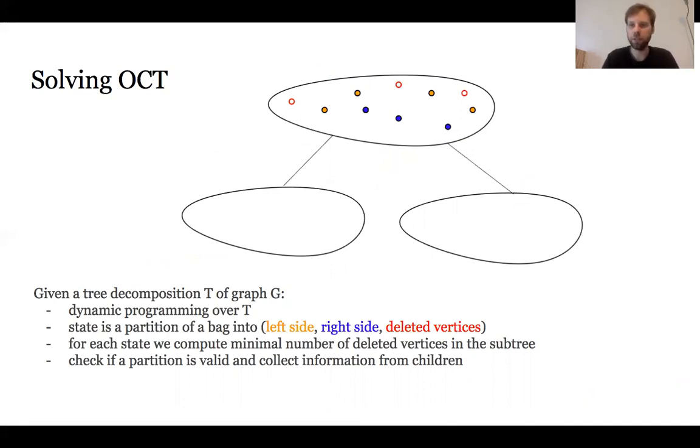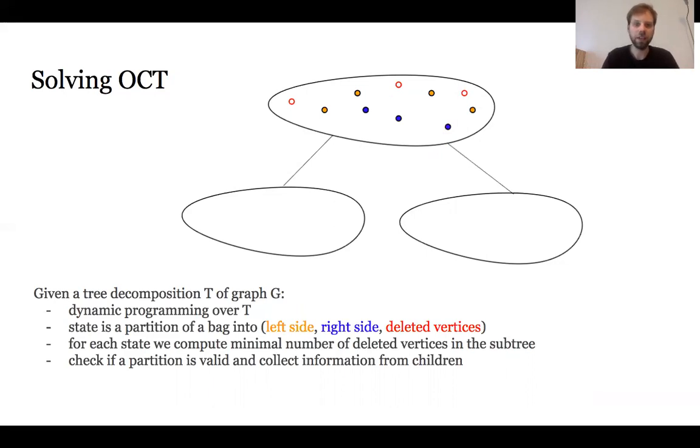So this is a bottom-up dynamic programming routine in which for each bag we consider a family of states where each state specifies which vertices are to be deleted by the solution and which vertices are going to be left in our final bipartite graph and which are going to be on the right.